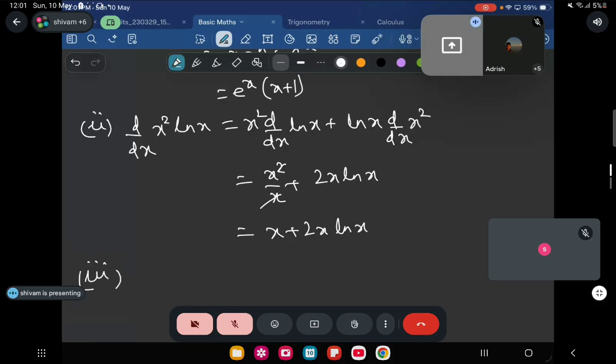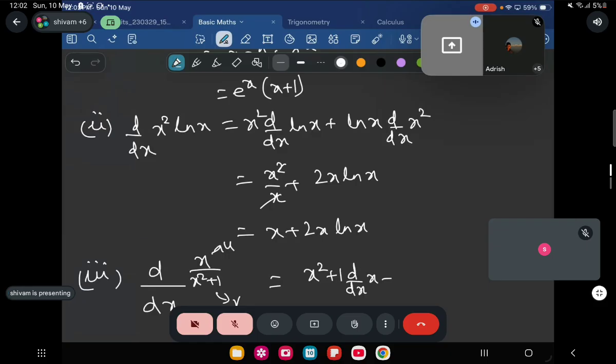Part 3. You need to understand which one is u, which one is v. dy dx of x by x square plus 1. Pay attention. The numerator is u, denominator is v. So it's the u by v rule. It will become v, that is x square plus 1, into dy dx of x, minus x into dy dx of x square plus 1, divided by x square plus 1 whole square.